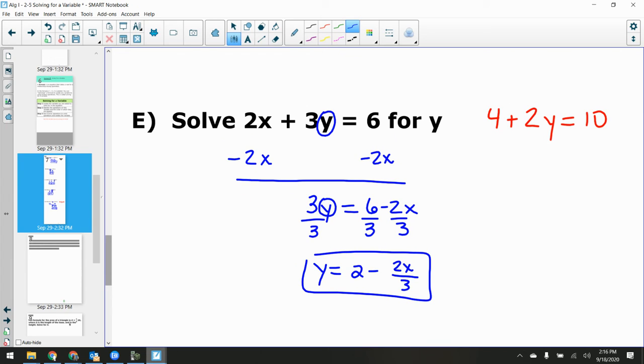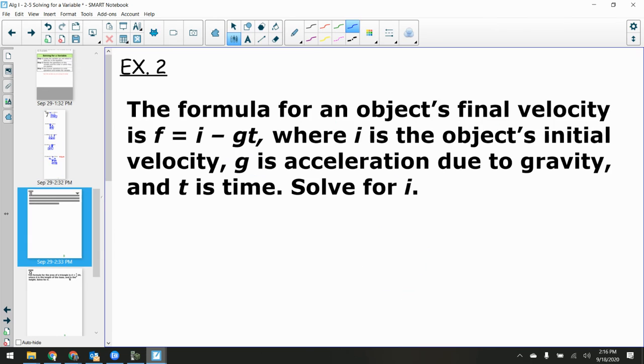Okay, flip it over to the back. Now, the back is all word problems. Because this is where its application comes in. The formula for an object's final velocity. So this must be some sort of physics equation.